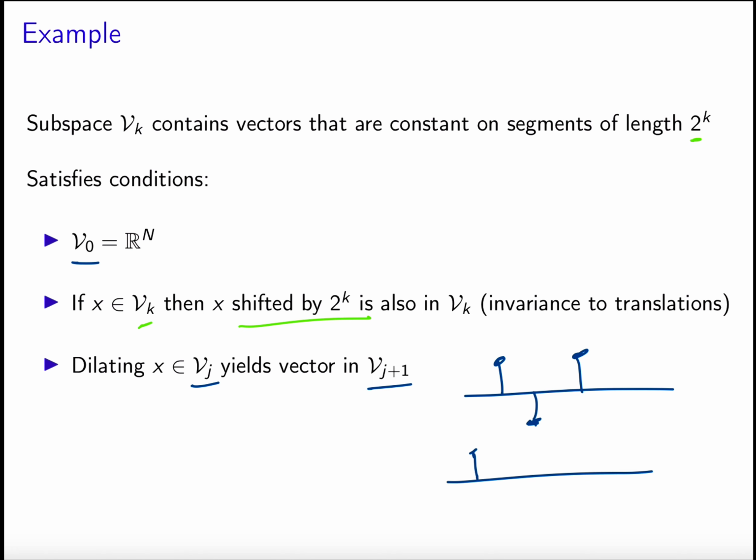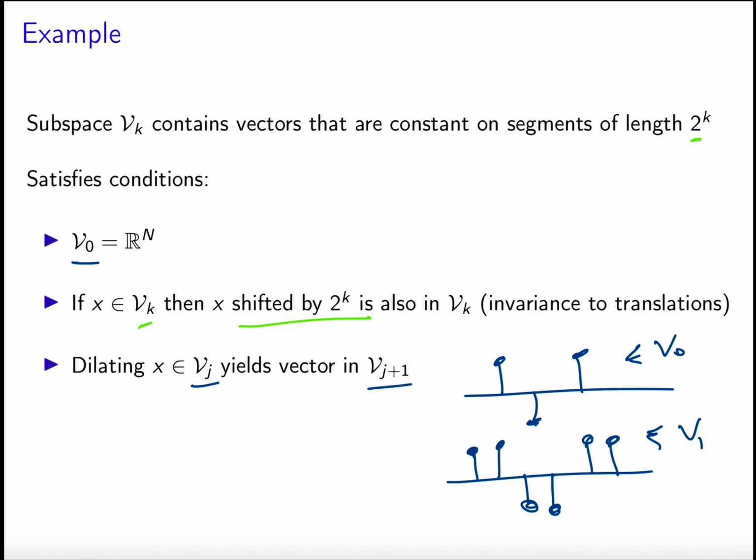Now we dilate it by 2. When we dilate it, it indeed becomes a vector in V1 because it's constant on intervals of length 2 to the 1, which is 2.